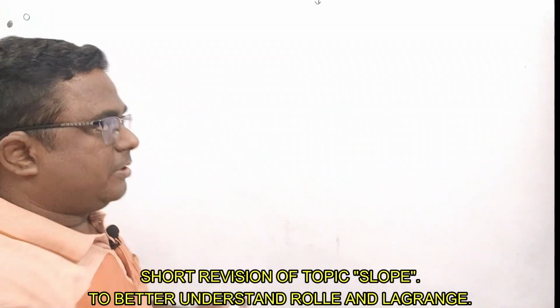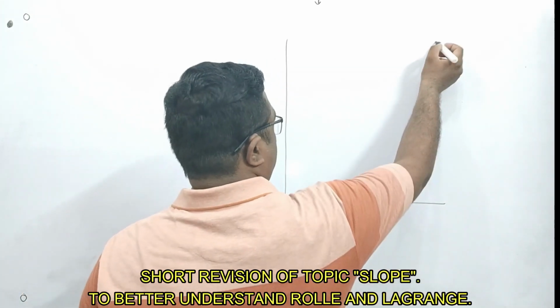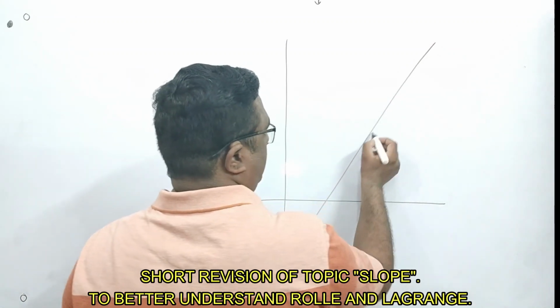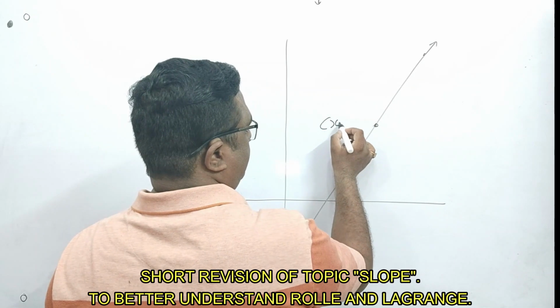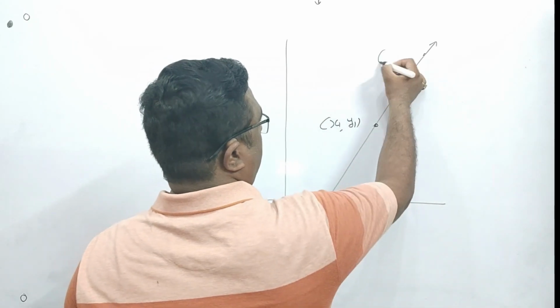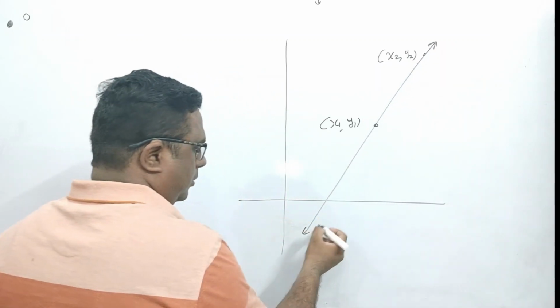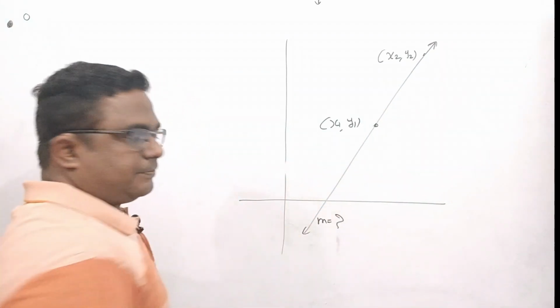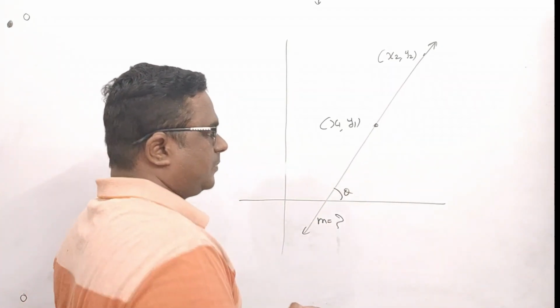Now we will derive one important formula here regarding slope. Suppose it is a line on which I am having 2 points x1 y1 and x2 y2, and I want to know what is the slope of this line. Let us consider that this angle is theta.